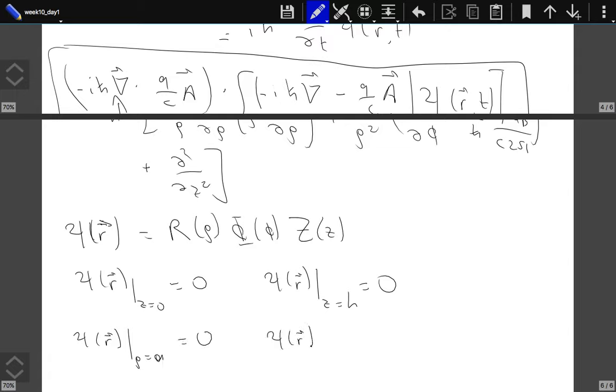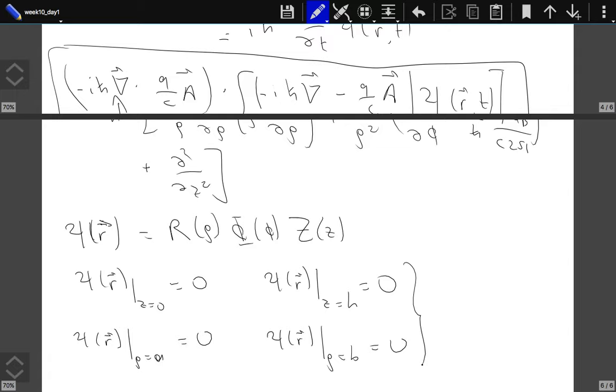And psi of r at the outer surface should also be 0. Because just outside the potential is infinite, so just outside it should be 0, and the wave function has to be continuous. So just inside the surfaces, it should also be 0, because just outside it is 0.